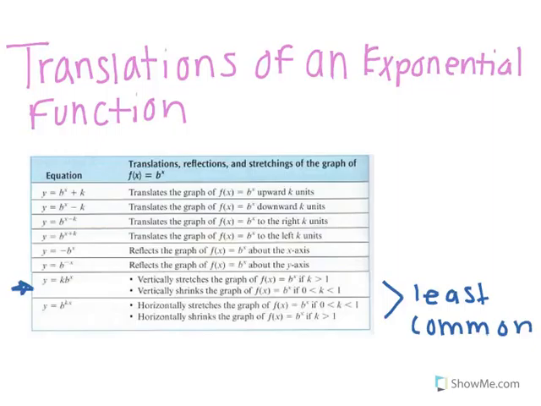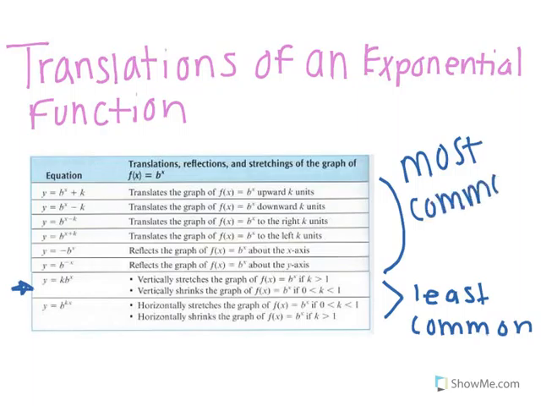And I don't believe you have to worry about anything on that last row. But the most common ones you'll see are here, and I'll just talk you through them. These are what you're probably going to see on a test if they give you an exponential translation.